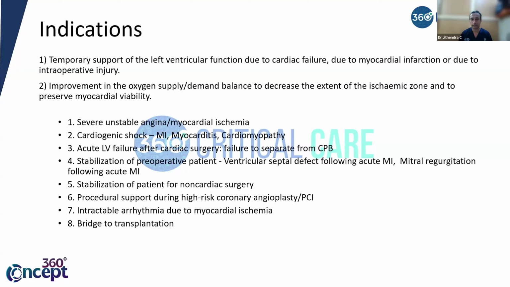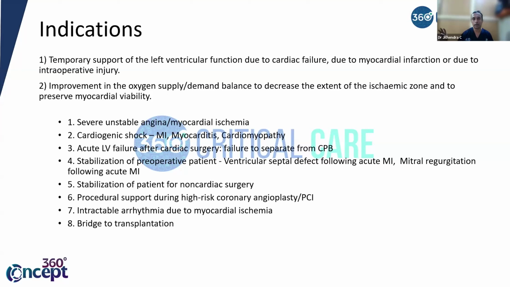Again, because it's a procedure, an extracorporeal device, they will be asking about the indications. You can broadly classify them into two categories. One is cardiac failure, to support your LV, like following an MI or intraoperative injury. The second is where your LV is okay, but there is a mismatch of oxygen supply and demand, and there is a significant ischemic zone, so you want to reduce the ischemic zone to preserve the myocardium.